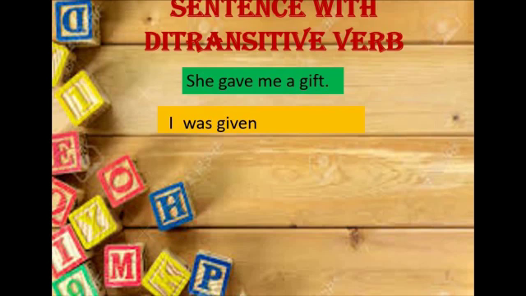So it is written gave here, this is simple past tense, it will convert into was plus third form of verb. Then we have to just put the other subject. What? I was given a gift. And then we'll put the subject, by her.